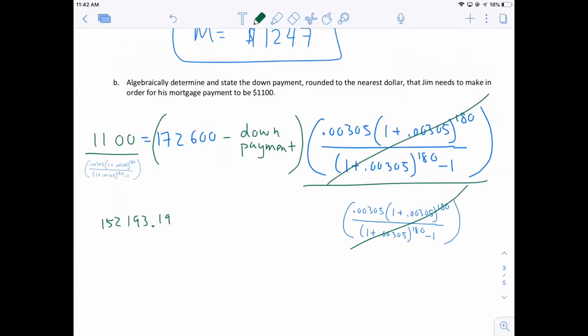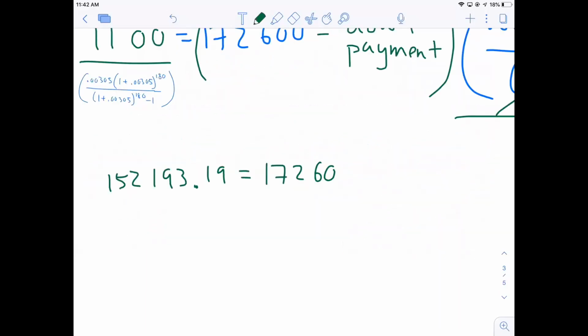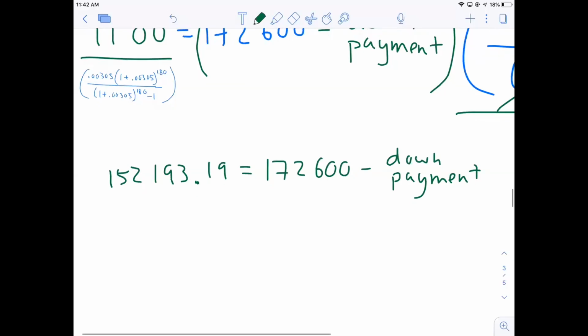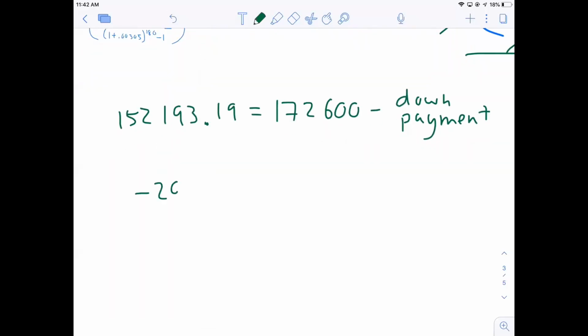So at this point, that should be close enough. 172,600 minus our down payment. And now from here, it's a very simple algebra equation. All right, let's subtract 172,600 from both sides. That's going to be negative 2406.81 equals the negative value of the down payment.